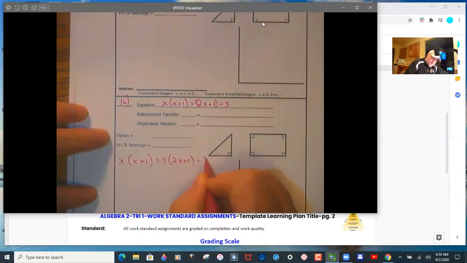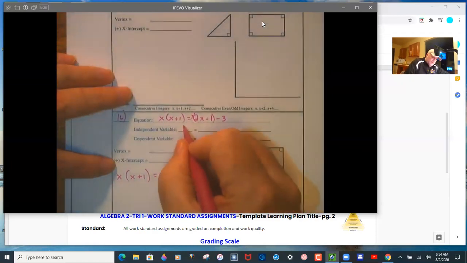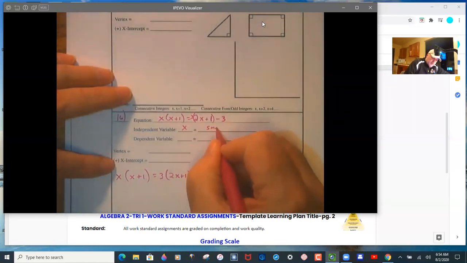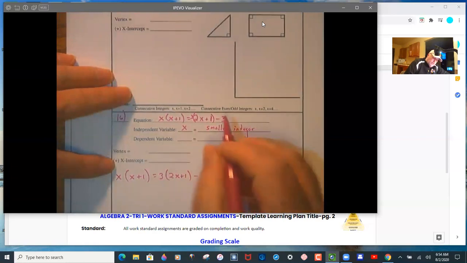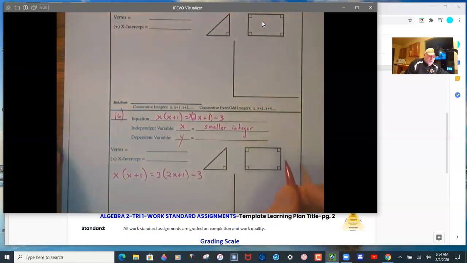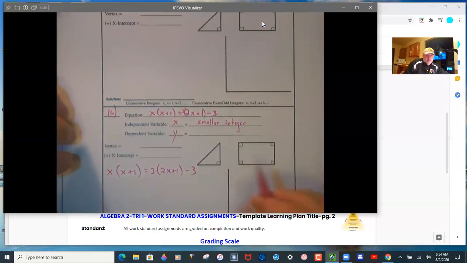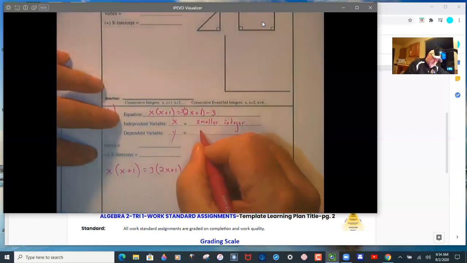Take everything to one side. So this is a smaller integer again. And then y is just going to be the quadratic, which represents the problem.